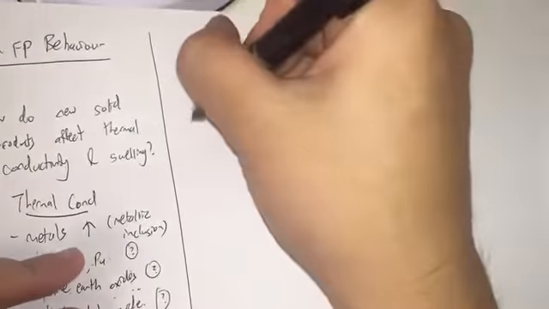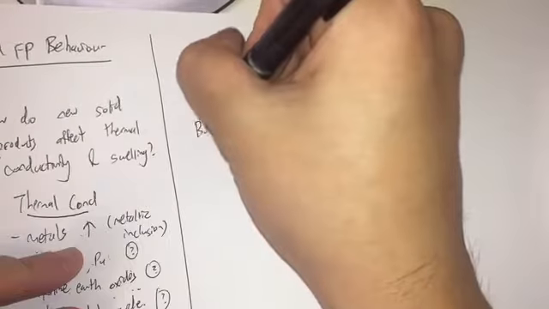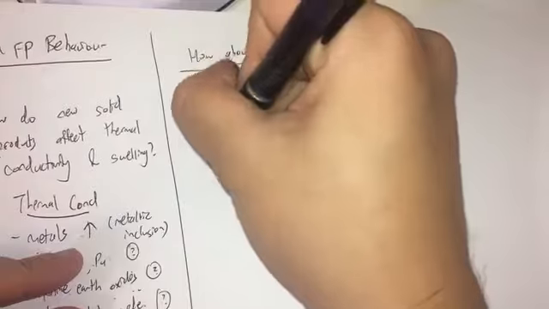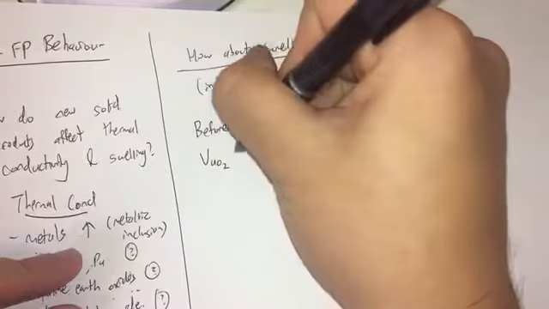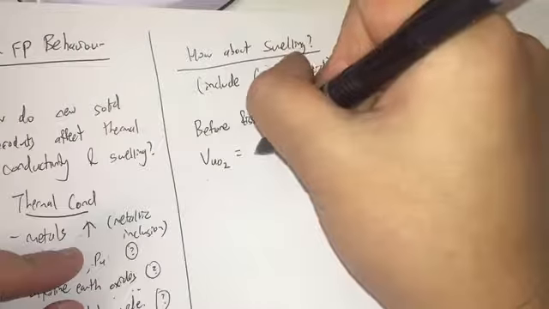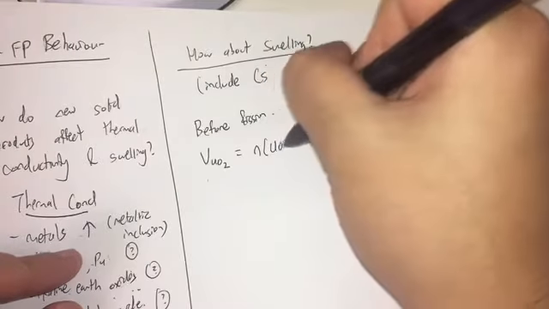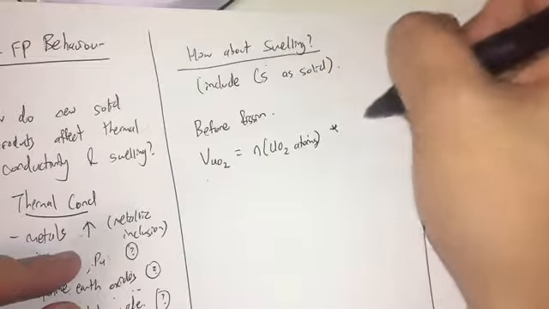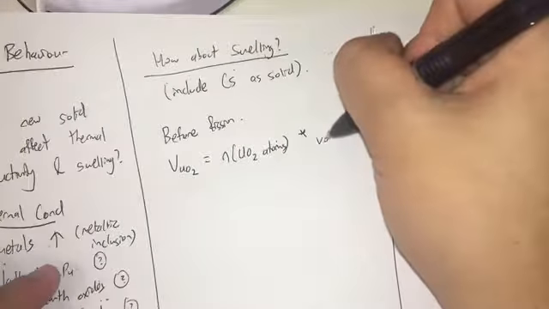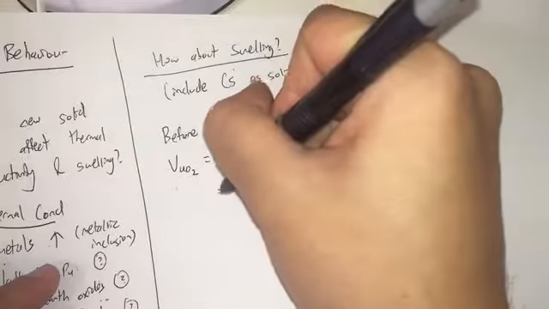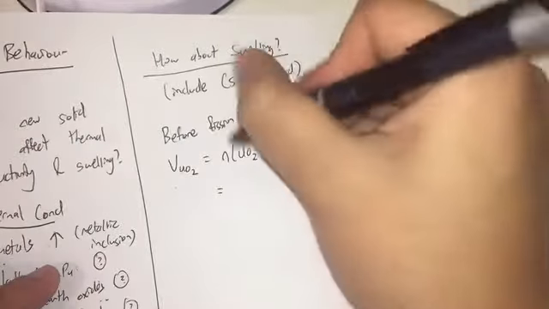So include cesium as solid. In the beginning, before fission, the volume of UO2, so this is the volume of the fuel, equals the number of UO2 atoms times the volume per UO2 atom.